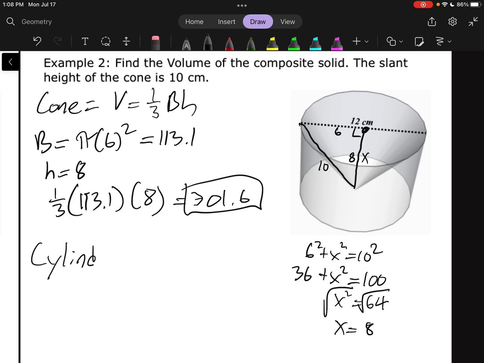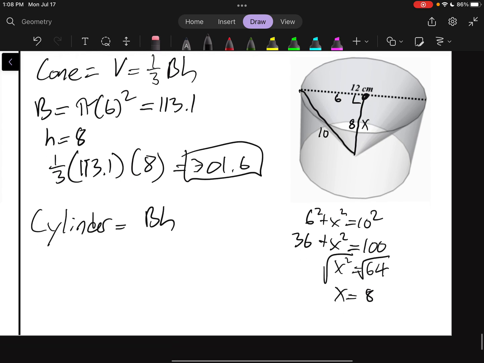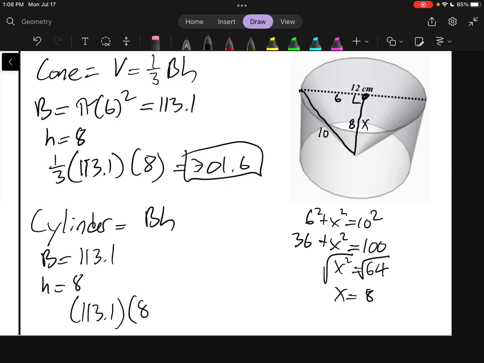For the cylinder, we just do big BH. But it's the same stuff. Big B is still 113.1. H is still 8. So 113.1 times 8 is 904.8.